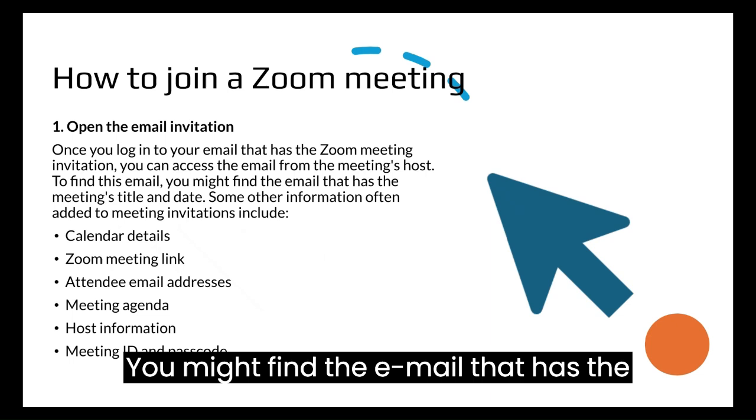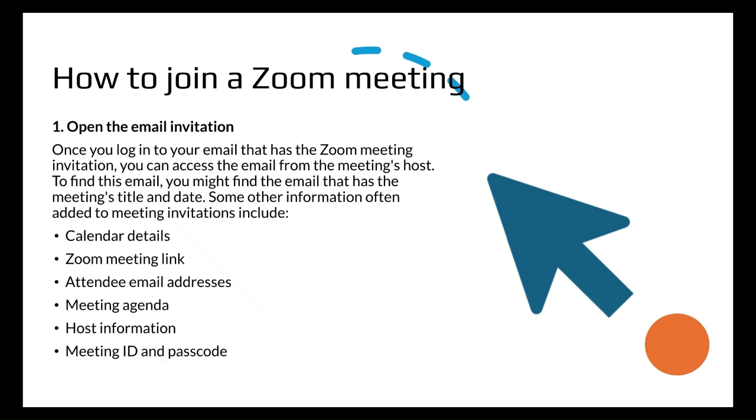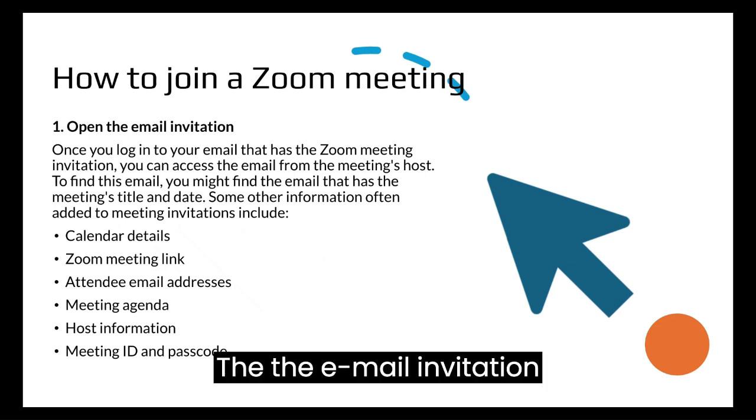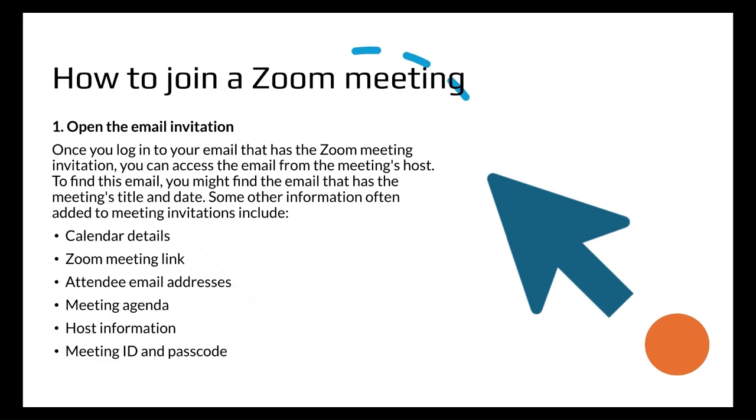You might find the email has the meeting's title and date. The email invitation could contain some other information like calendar details, the Zoom meeting link, which we are going to click on, and other information.